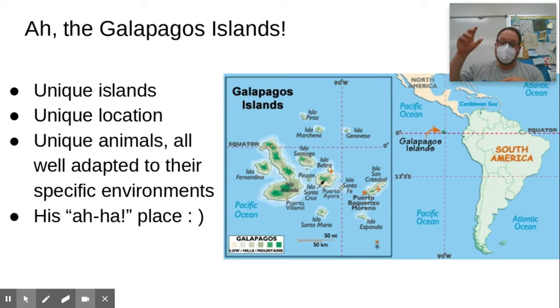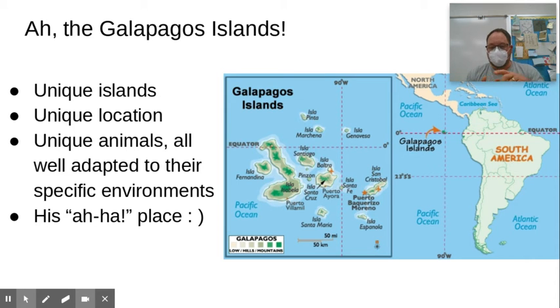Some are mountainous with rainforests. Some are really low to the ground and desert-like and just bare rock. You have inland lakes with seawater, so that you have saltwater lakes on some of these islands. So it's really diverse terrain, really diverse life.